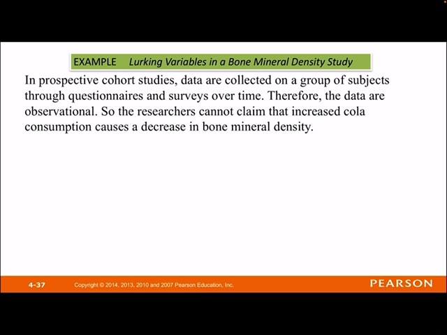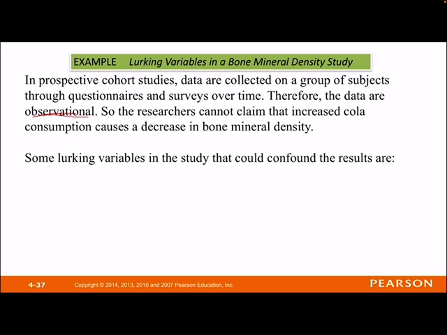Now, in a prospective cohort study, data are collected on a group of subjects through questionnaires and surveys over time. Therefore, the data are observational. So the researchers cannot claim that increased cola consumption causes a decrease in bone mineral density.